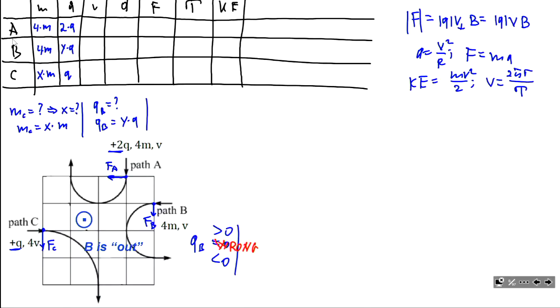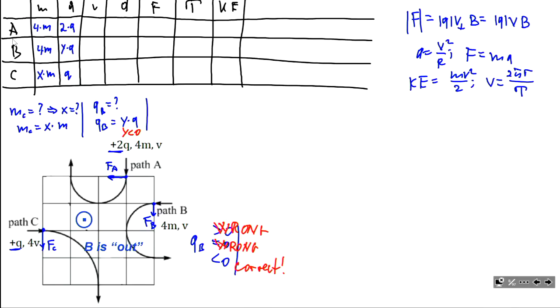That's not the case. So right hand rule doesn't work. That's a negative particle. Which means this coefficient technically should be negative.